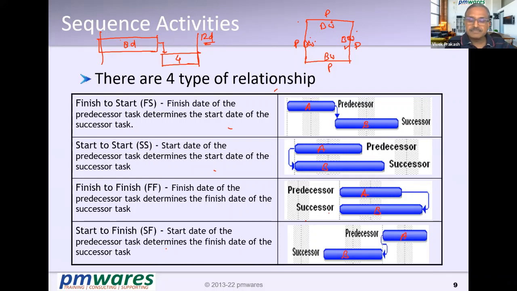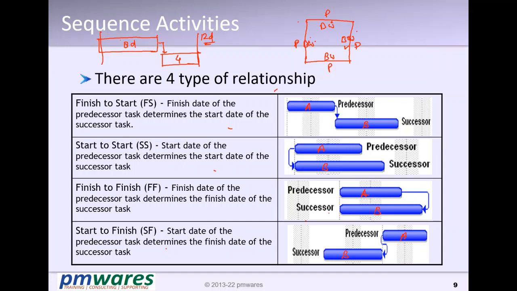Any example? Any guesses? The concept is clear, but I don't remember any example. Most of the examples that we have are finish to start.